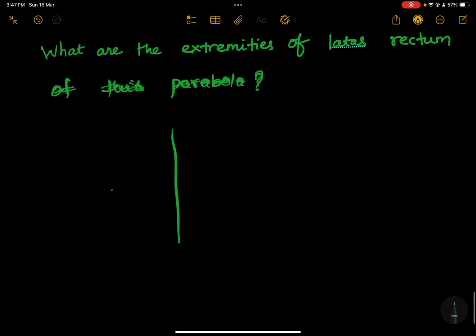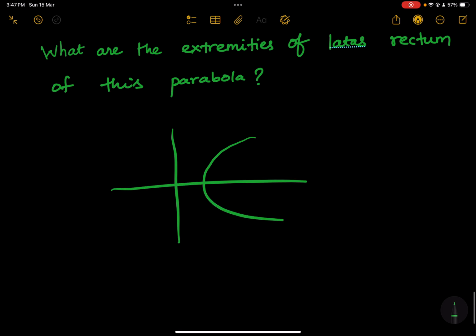So this is your figure. This is your origin (0, 0). This is (a, 0). Now if you remember the definition of latus rectum, it is a chord that passes through focus and is also perpendicular to the axis. Since this point is (a, 0), and it is perpendicular to x-axis, here also the x coordinate is a, and even here the x coordinate is a.